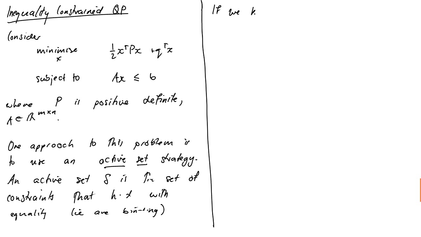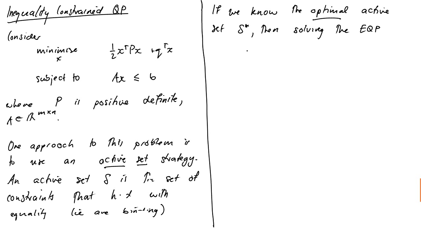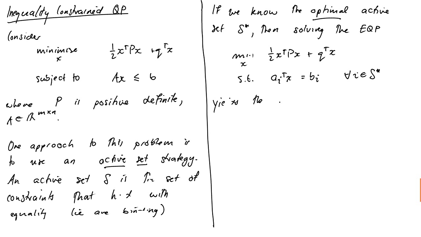If we know the optimal active set, which we'll call S star, then solving the EQP, minimize over x, 1/2 x transpose Q x plus the same objective as before, subject to a_i transpose x equals b_i for only the constraints that are in our optimal active set, yields the minimizer of the IQP.